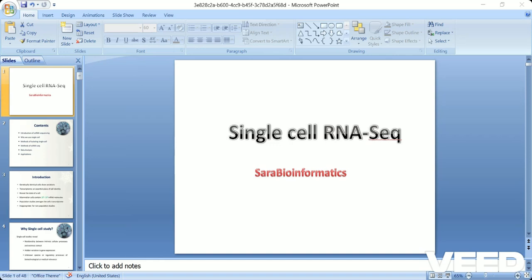Third step, dimensionality reduction. Fourth step, clustering. Fifth step, marker gene identification. And last step, trajectory or pseudotime analysis to understand cell differentiation paths. Popular tools include Seurat in R and Scanpy in Python, and yes, in future videos I will show you a step by step tutorial on these tools.